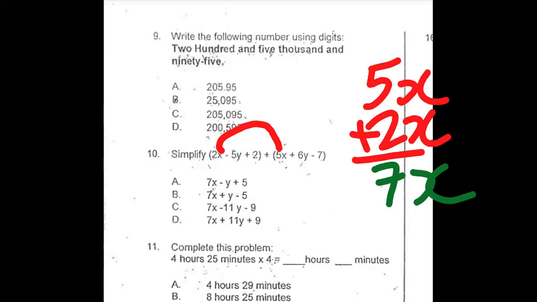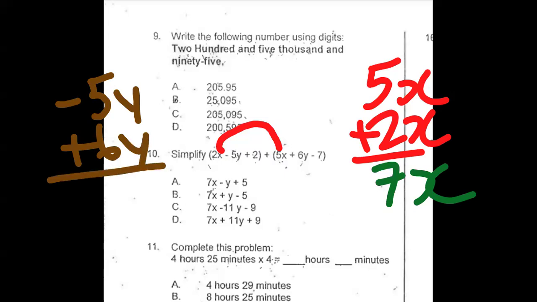So 7x is common to all the answers, so we're not sure. However, we have minus 5y and a plus 6y. So let's see what that will give us. A minus 5y and a plus 6y. That's like saying 6 minus 5. So our answer for that is going to be a positive 1y.